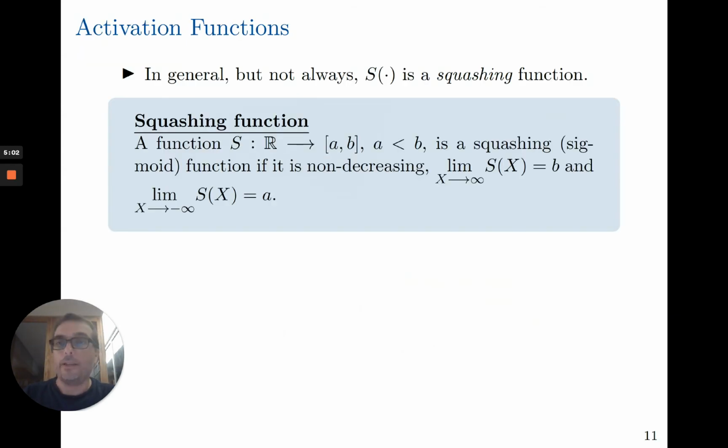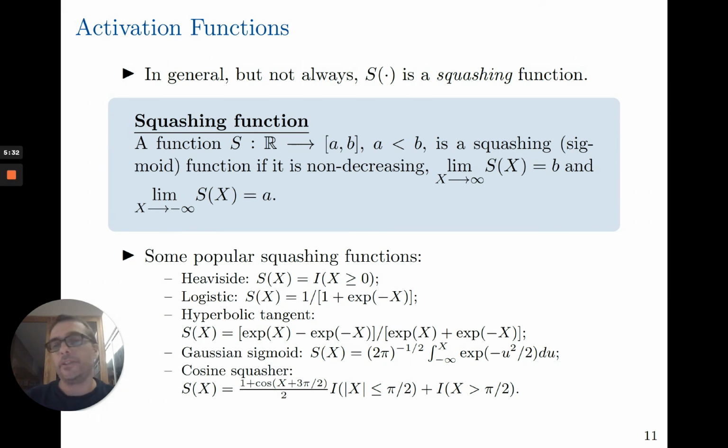Okay? So in general, but not always, this function S is called the squashing function. The squashing function is the function that maps from real numbers into a closed set A and B. A is less than B, and usually the limit when x goes to infinity is B, and the limit when x goes to minus infinity is A. So it has an S format, right?